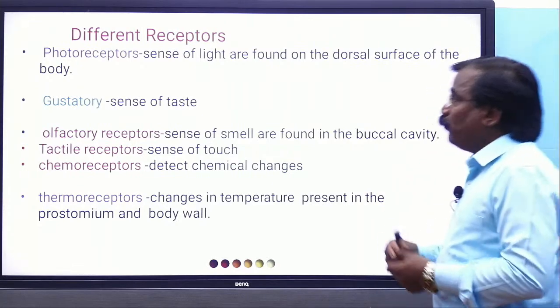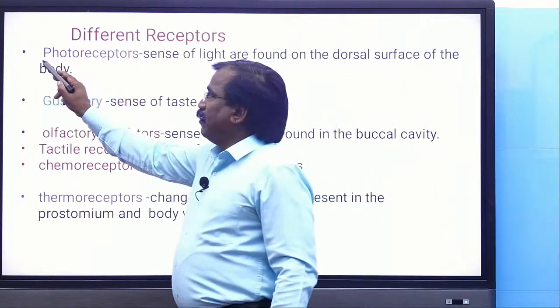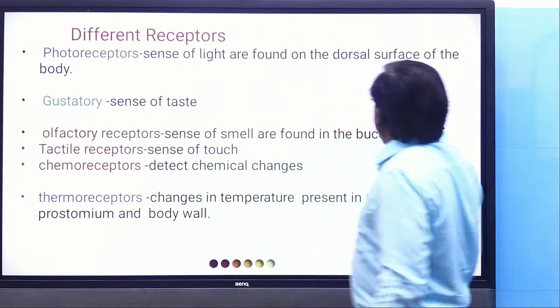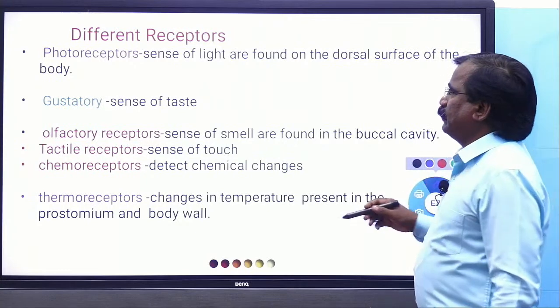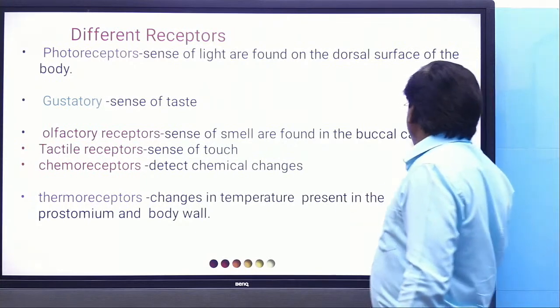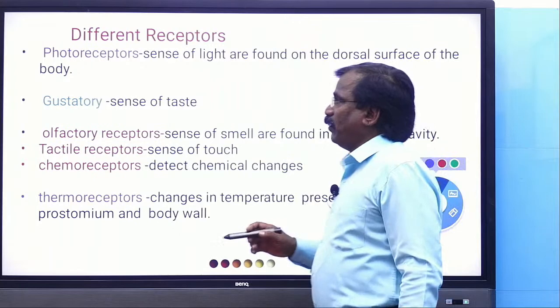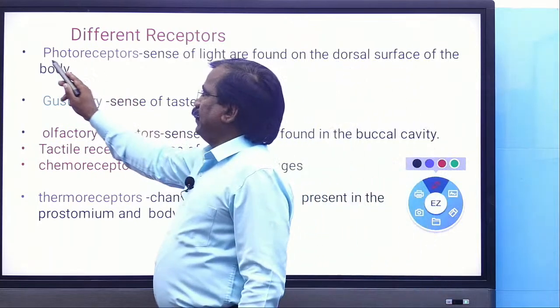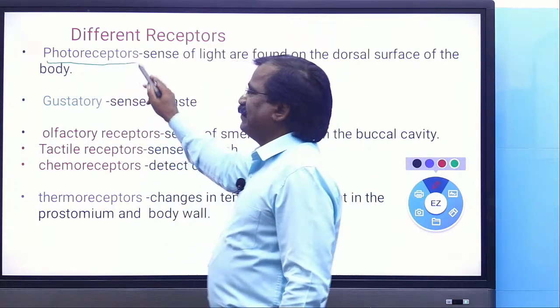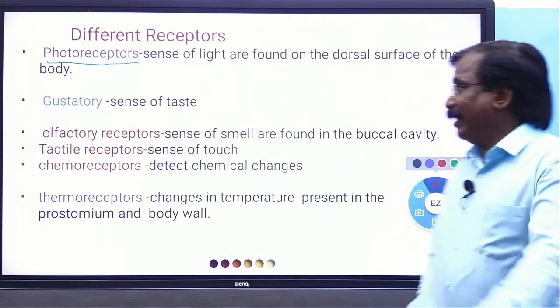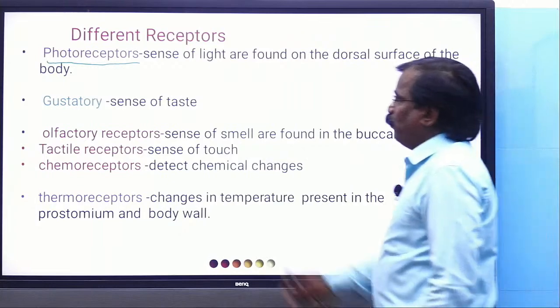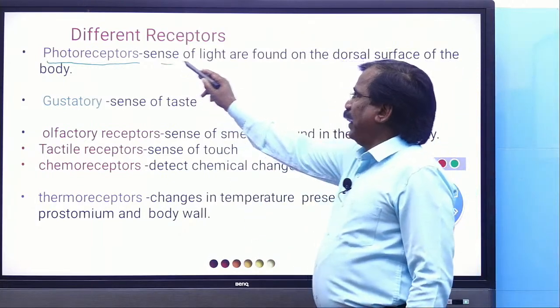What are they? Photoreceptors. Of course, not a highly developed eye like ours, but there are certain specific cells, a special type of cells, able to detect light. Photoreceptors, a sense of light.